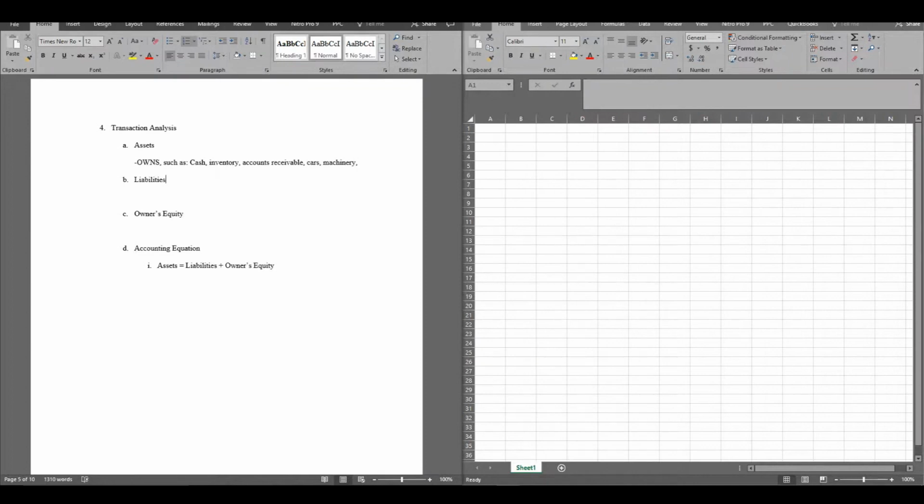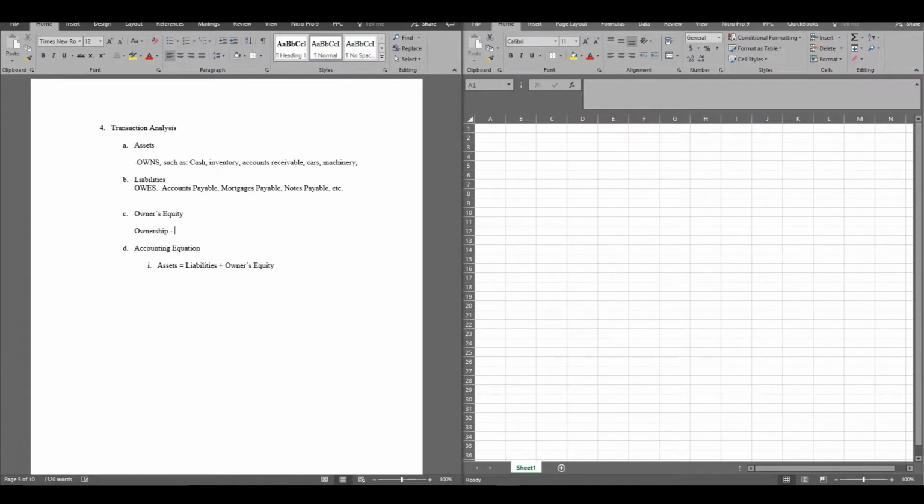Liabilities. Liabilities are something the company owes, something we owe, which is things like accounts payable, mortgages payable, notes payable, etc. And then owner's equity. Owner's equity is a representation of the ownership of the company. It's ownership.